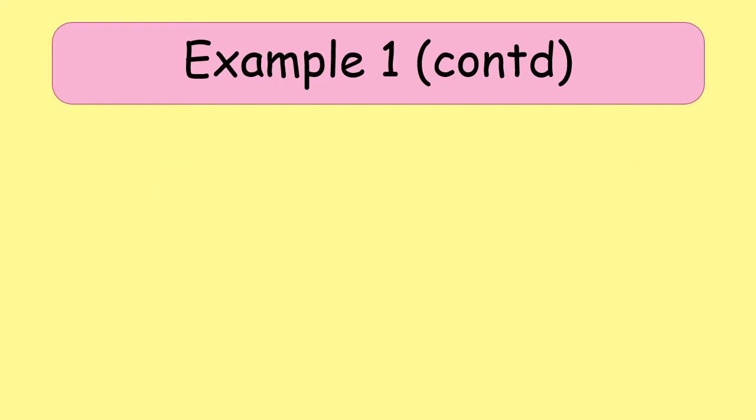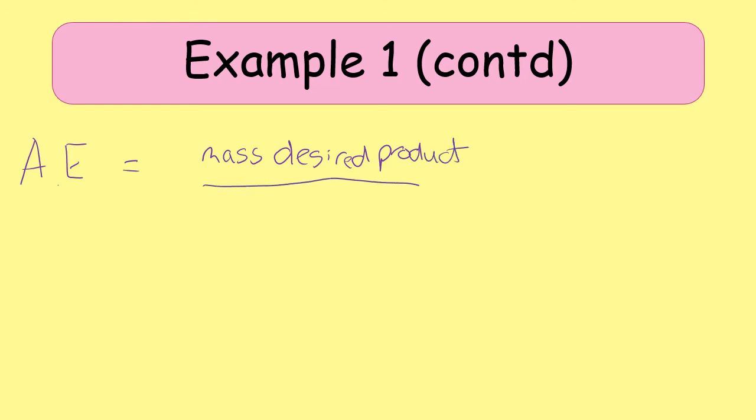Our atom economy was mass of our desired product divided by mass of all reactants, and then we have to multiply by 100 to get it as a percentage.